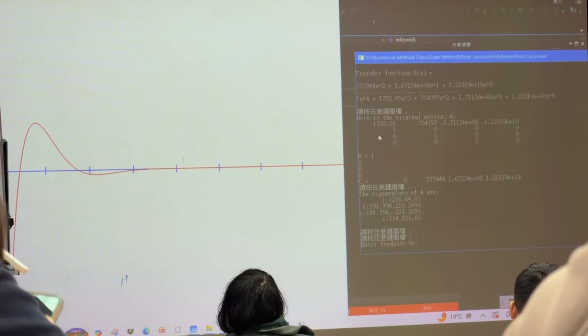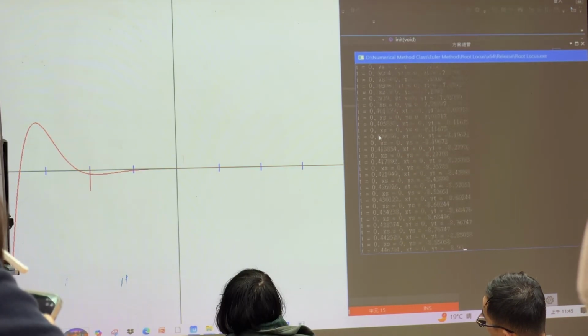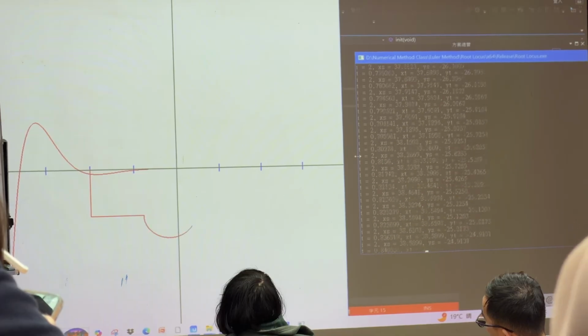Then let me show you a feed rate. So right now, I set the feed rate to be like 300. Then I simulate a car.